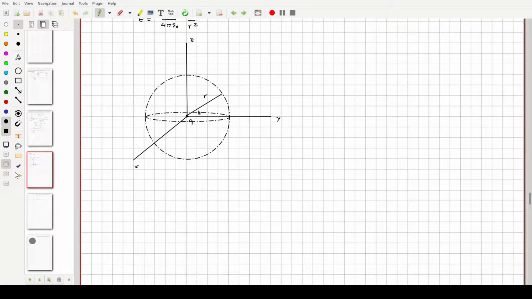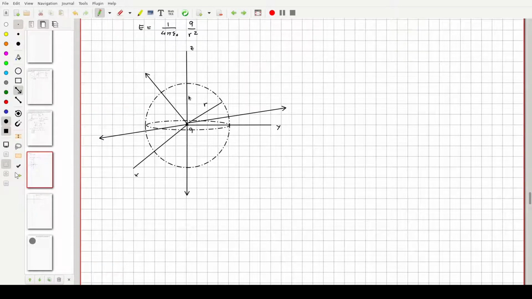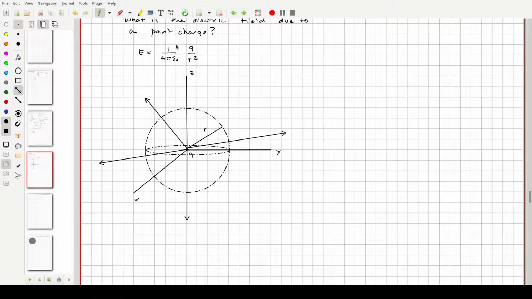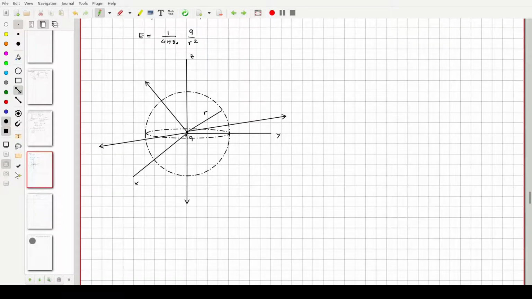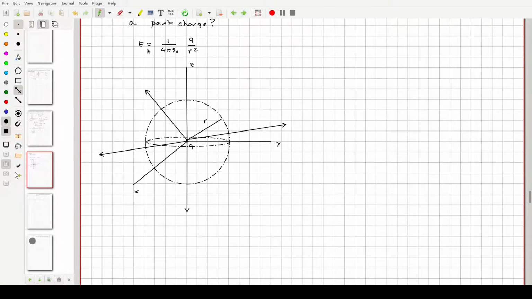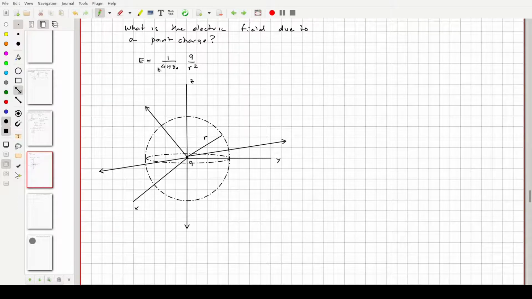Now, I know from experience that for a point charge, the electric field is going to want to point outwards like this if it's a positive charge, and inwards if it's a negative charge. But I also know that if I am r away, say 1 meter away, then on the surface of that 1 meter radius sphere, the magnitude of my electric field is constant.